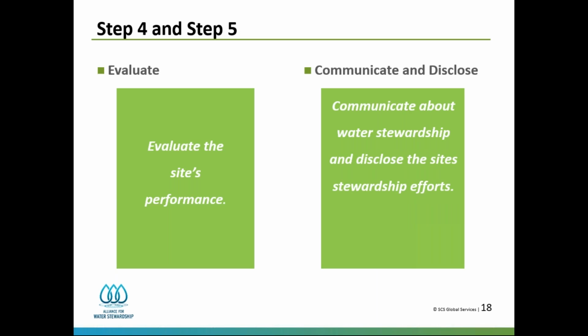So then the last 2 steps, 4 and 5, really aren't much different from version 1, beyond the inclusion of some of that action language that Ray mentioned early on in the presentation. The intent of step 4 is to evaluate the site's performance to the water stewardship plan, define the value that's created as a result of implementing that plan, and to consult with stakeholders on opportunities for potential improvement.